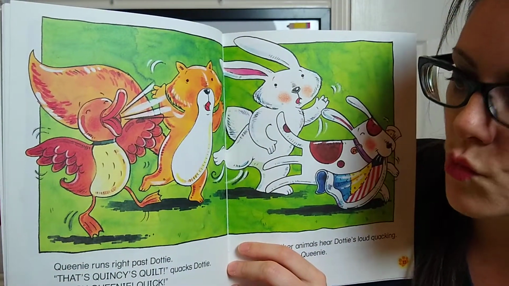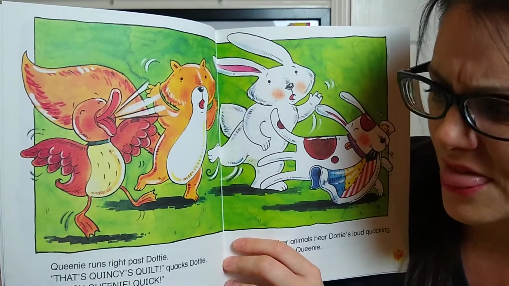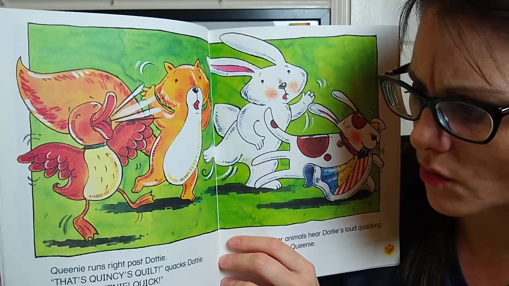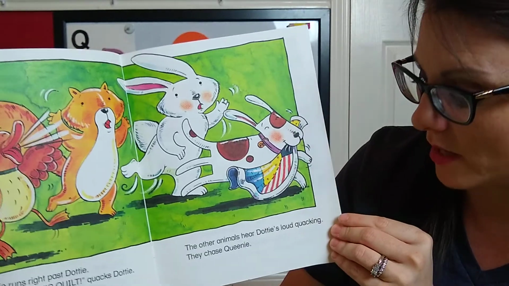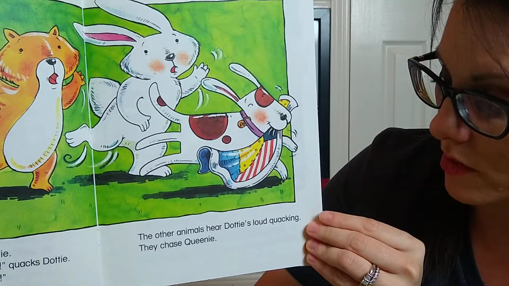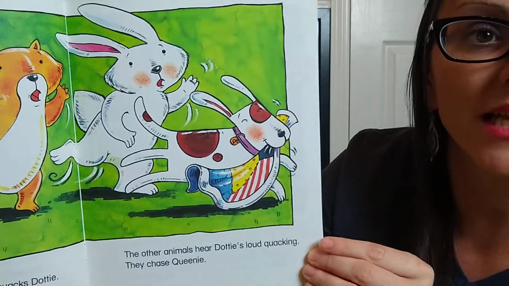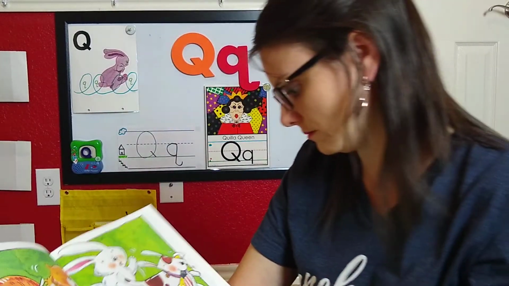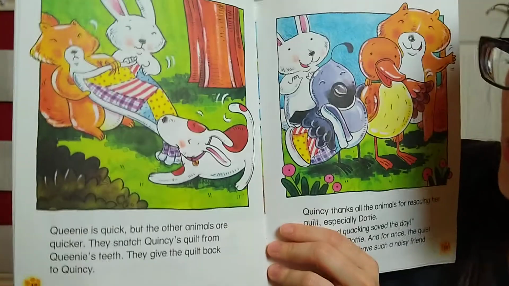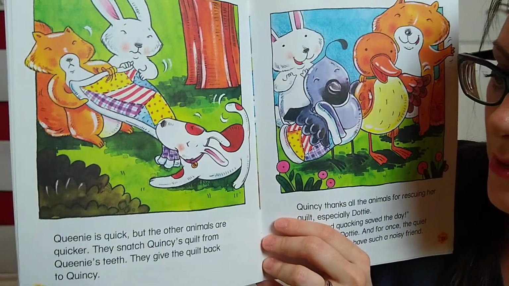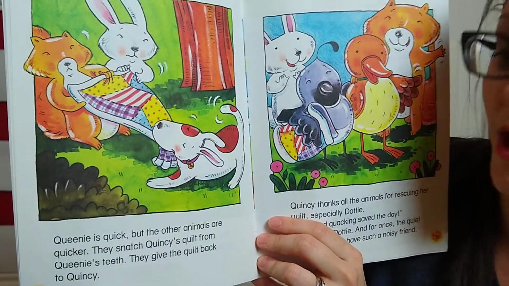Queenie runs right past Dottie. "That's Quincy's quilt," quacks Dottie. "Catch Queenie, quick!" The other animals hear Dottie's loud quacking and they chase Queenie. Queenie is quick, but the other animals are quicker.